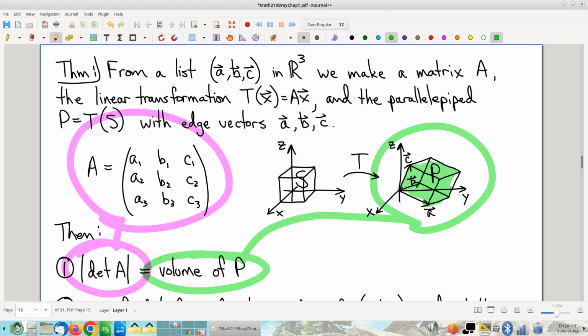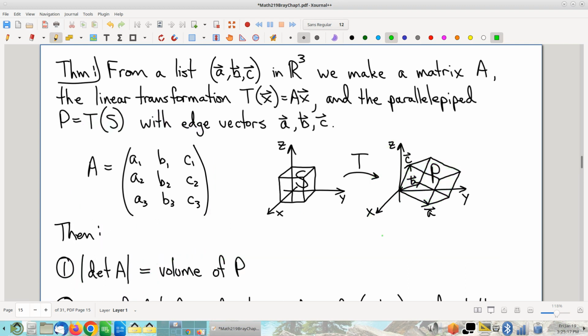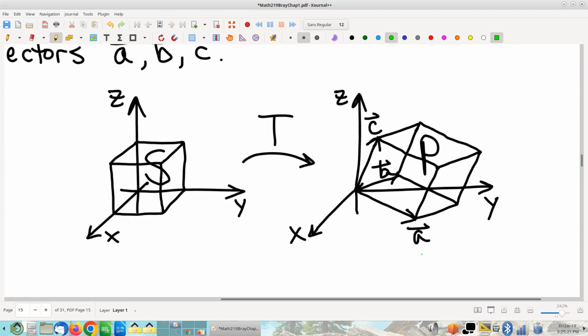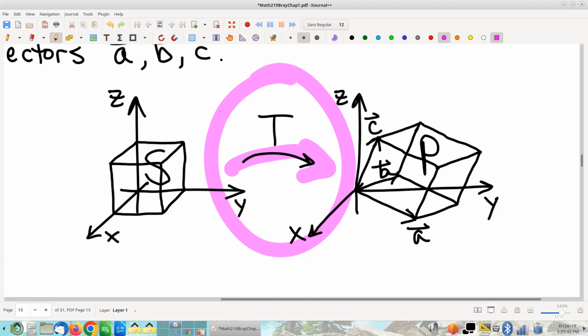And likewise, by its plus or minus, it tells you whether this list, A, B, C, is right-handed or left-handed. And it also tells you whether this linear transformation has a reflection hidden inside of it.